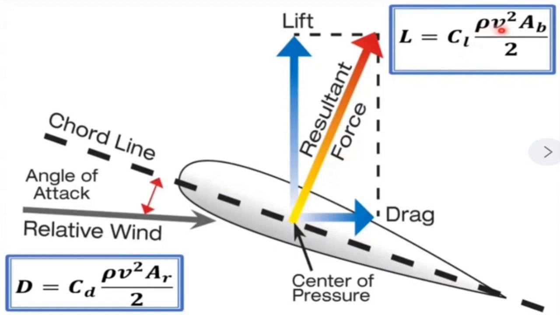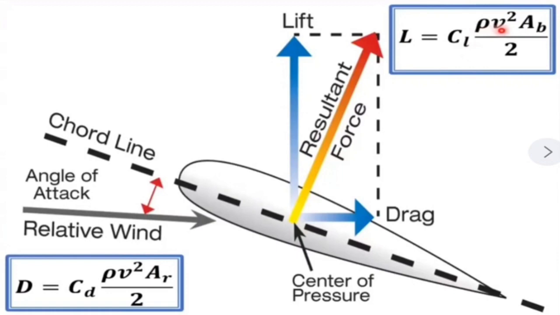Next is the drag force, where D is the drag force, C subscript D is the drag coefficient, rho is the density of the air, V is velocity, and A is the reference area, or the front side of the blade that's being hit by the wind.